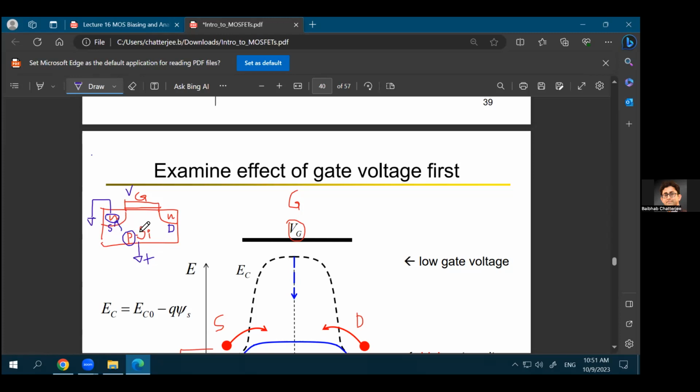And that is something you don't want because you don't get any advantage out of that current. You just consume more power. So you'll generally want to reverse bias the PN junction diode between the body and the source. That's the reason why for an N-channel MOSFET, you'll connect the body to ground instead of connecting it to any voltage.